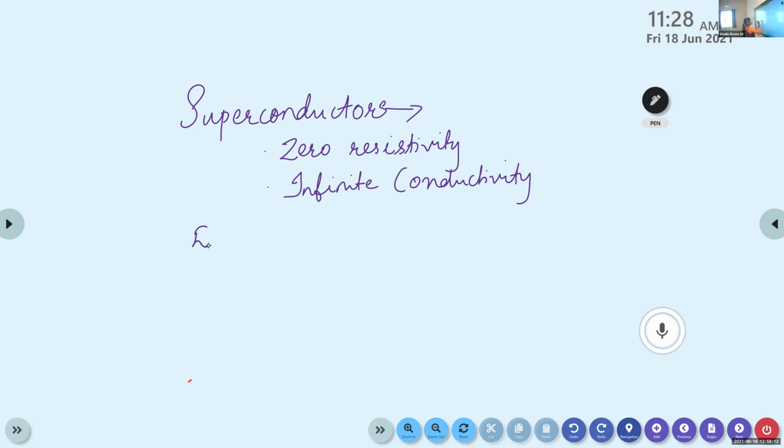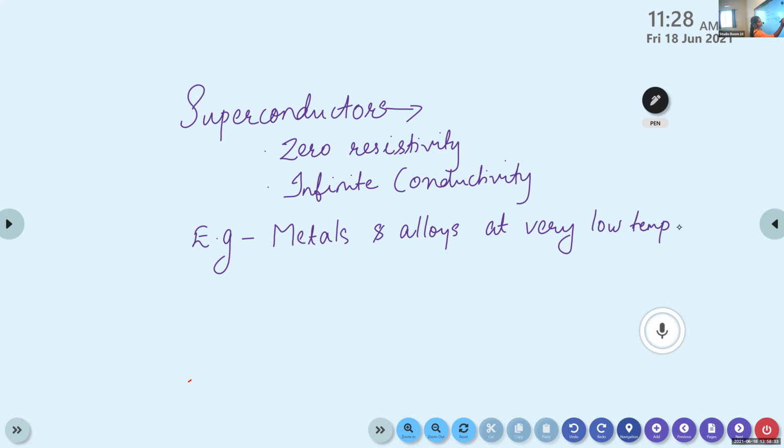An example for these types of substances is usually metals and alloys at very low temperature. They can act as superconductors at very low temperature, that means around 0 to 15 Kelvin.